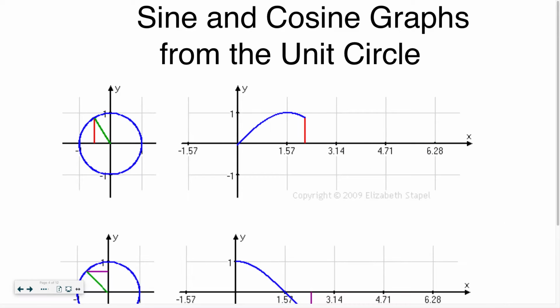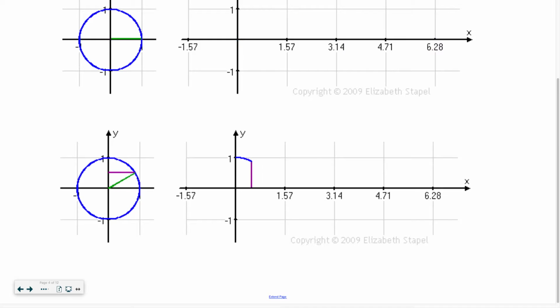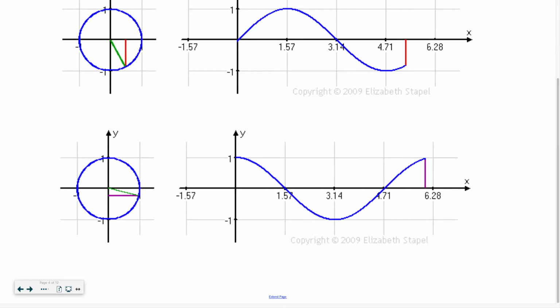And then similarly, there's one for cosine. Notice in this one, the animation is slightly different because as the angle goes around, it is really measuring, and I don't like this because it looks like the hourglasses that you're not supposed to be drawing, but it's measuring the horizontal distance on the unit circle, what is the x value, and we know that that's cosine.